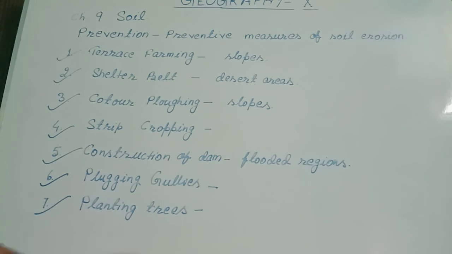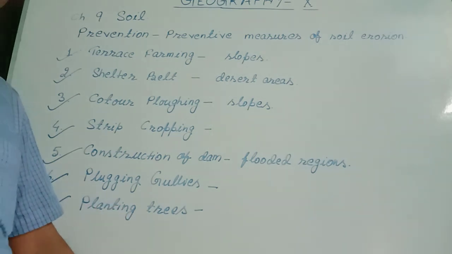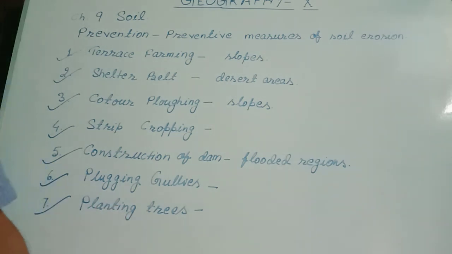As the trees are planted, the roots of trees catch the soil particles tightly. Those soil particles are not left free to be moved away or blown away by the agents of erosion, and soil erosion is checked.